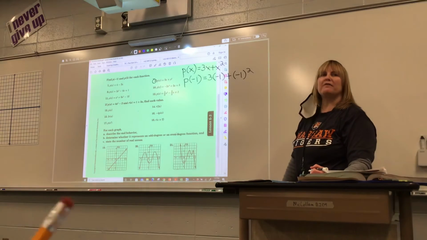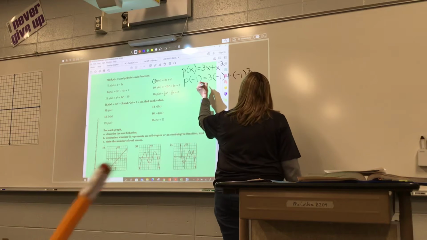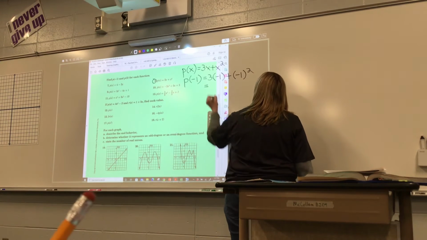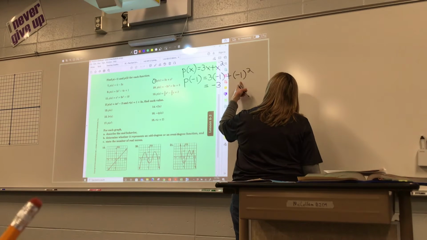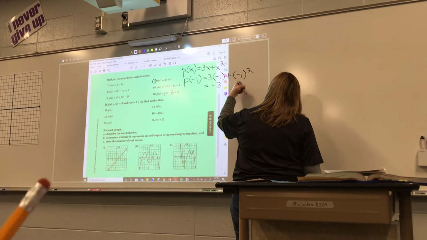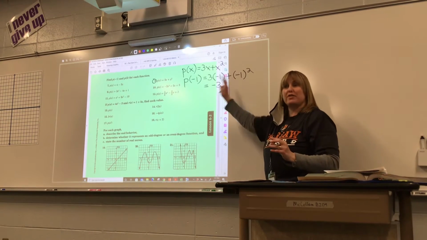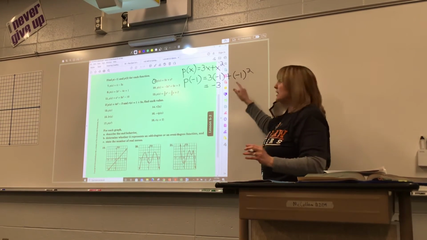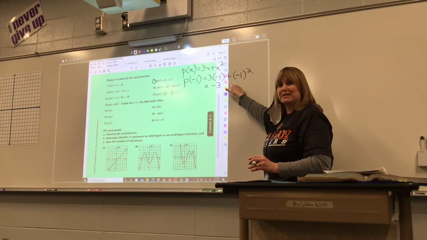If we simplify that, Maggie, what happens when we simplify? -3 plus 1 squared. You have to do the exponent first. The reason I can do both things simultaneously is because multiplication and exponents are both above addition.